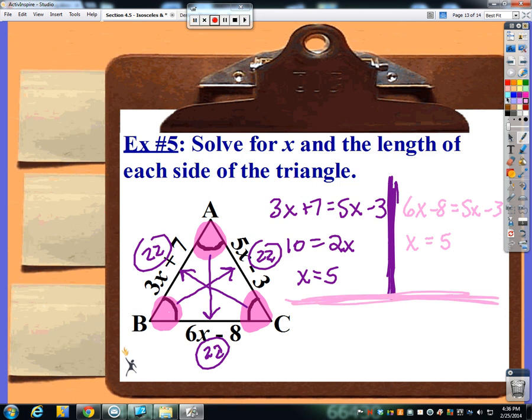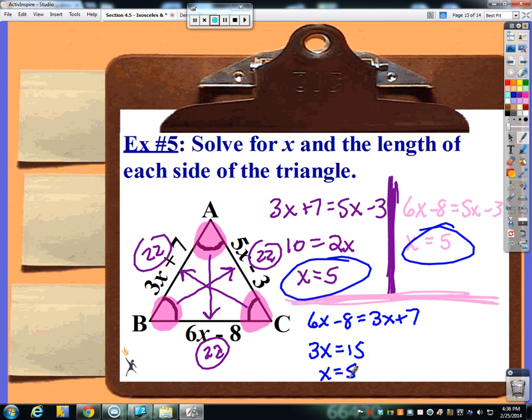And we could even go to the last extreme here and say, all right, what if I had picked the 6x minus 8 side and the 3x plus 7 side? Well, I subtract the 3x over and I get 3x on the left. I add the 8 over with the 7 and I get 15. Divide by 3, and I still get x equals 5. So it doesn't matter which scenario you pick, which two sides. If you know they're all equal, just pick any two and you'll be good.